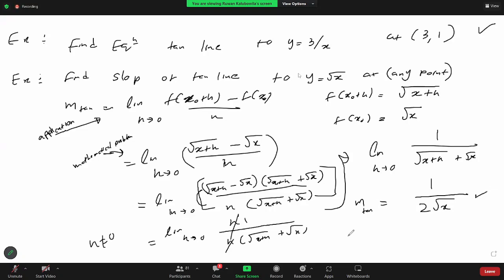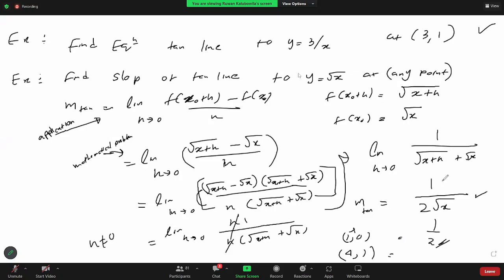But think, if you have to find the tangent line at the point (1, 0) like that, then you can apply 1 there. Then the answer is half. Or if someone said they need to find the slope at (4, 1), then apply 4 there.